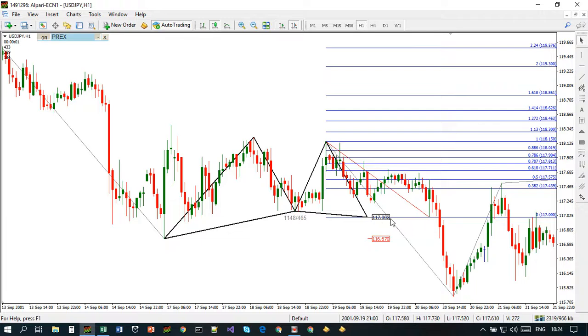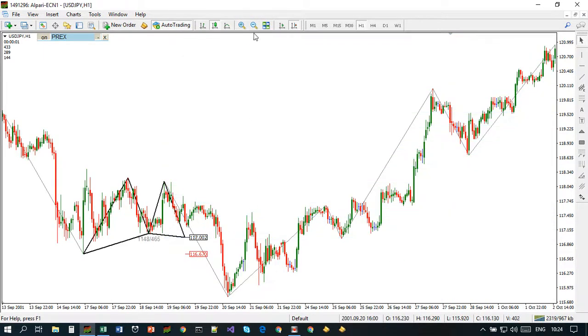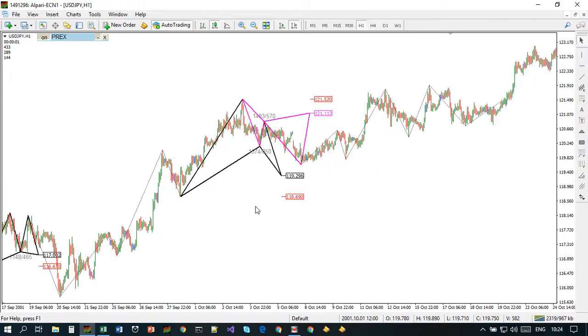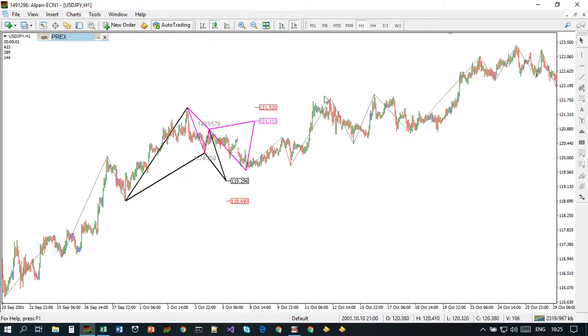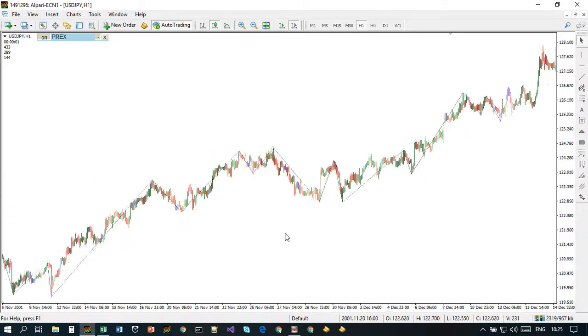Okay, the reversal from here, 0, 0, 0. We didn't have two candles, and then we had red, red, red, red, red to the downside. Okay, invalid C to D leg.